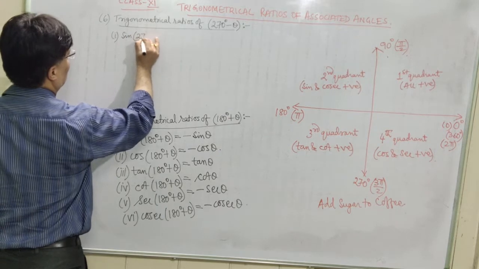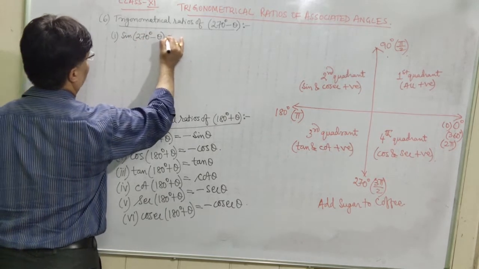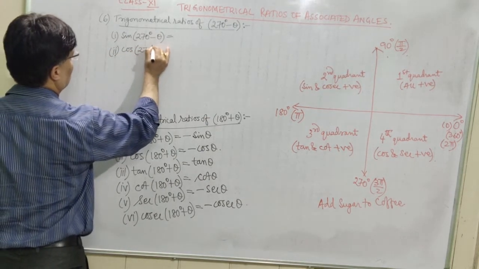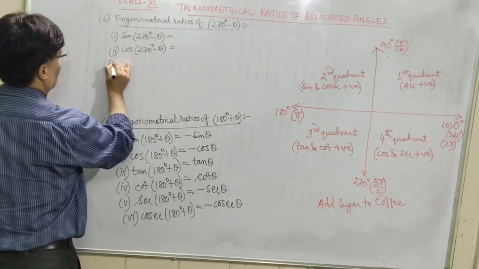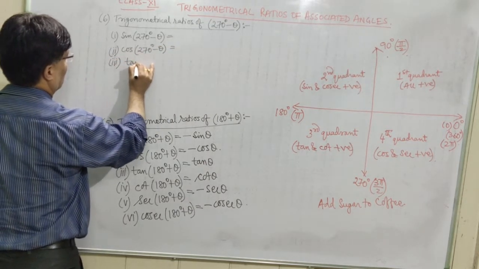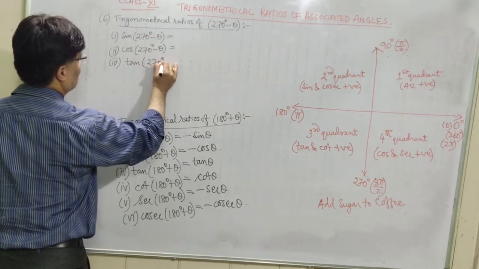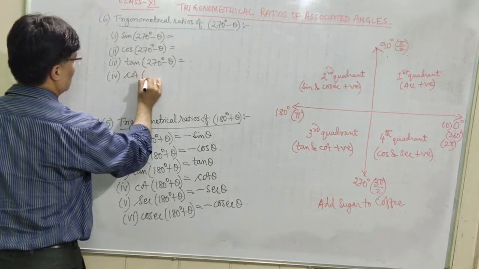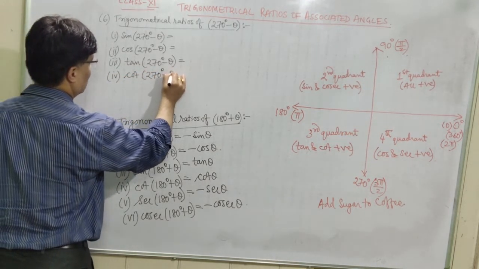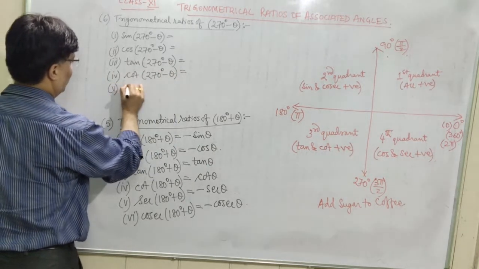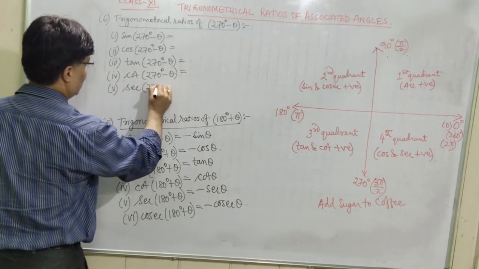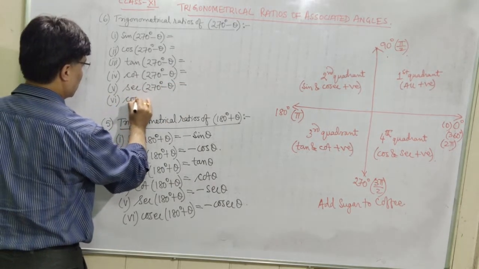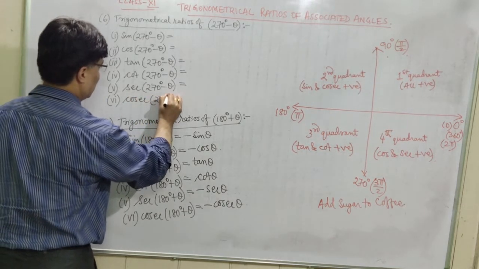Sine 270 minus theta, number 2 cos 270 degree minus theta, number 3 tan 270 degree minus theta, number 4 cot 270 degree minus theta, number 5 sec 270 degree minus theta, number 6 cosec 270 degree minus theta.